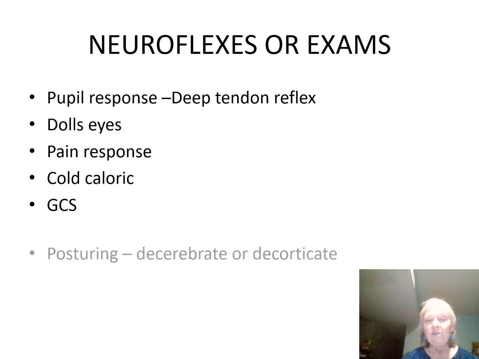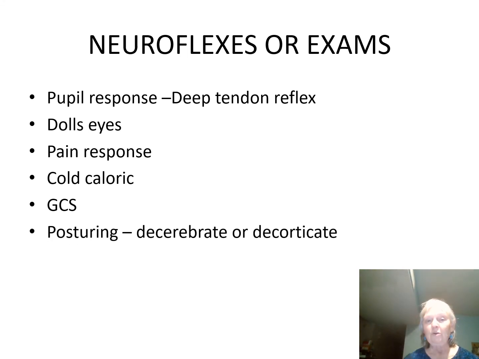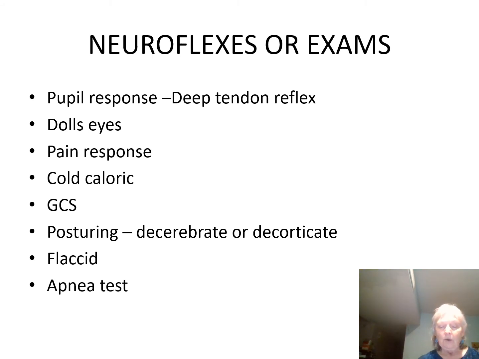Your Glasgow Coma score, remember here and now, there's your posturing, lucidity, apnea test. What they'll do sometimes is that we'll go ahead, and it just depends on who's doing part of the apnea test. We'll go ahead and still give these patients oxygen.